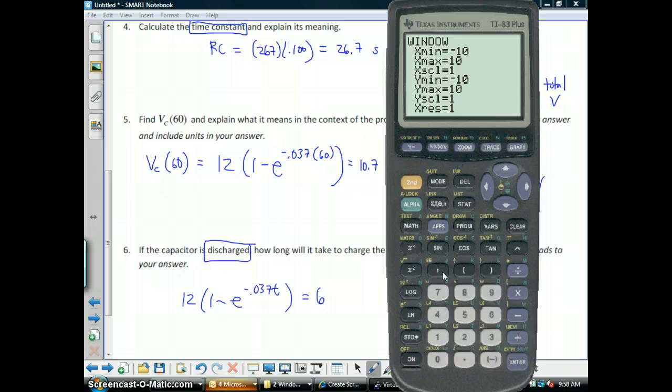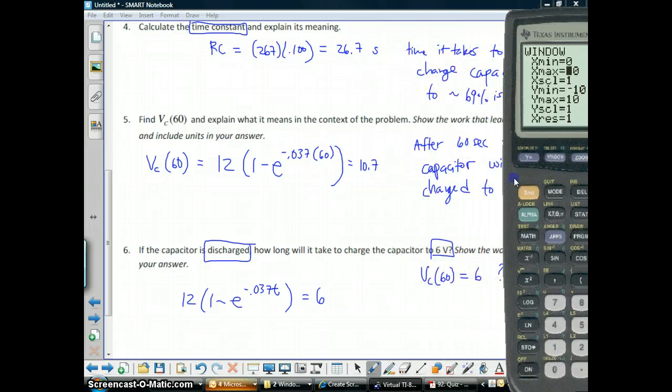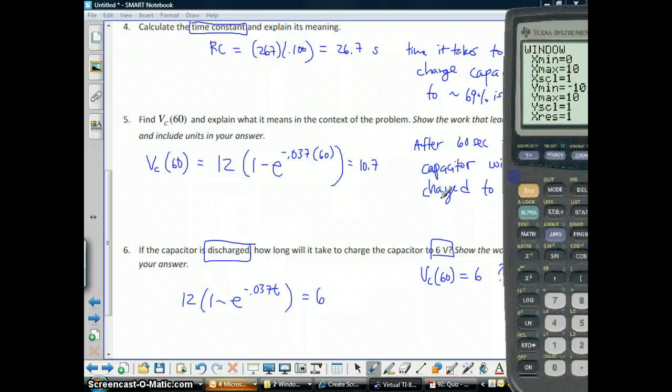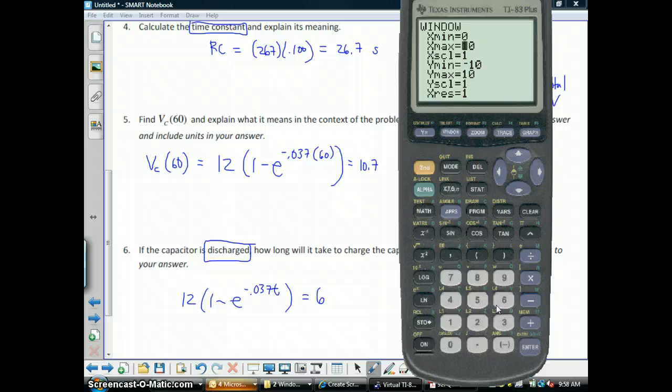And I'm going to change the window from 0 to, notice it was already at 10 volts after a minute, so I don't need to really go past a minute. And then the voltage goes from 0 up to 12 max, because that's it. And so it should look like it starts to charge, and then it levels off, because it's not going to go past 12.